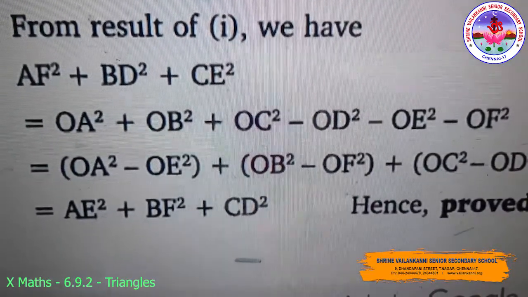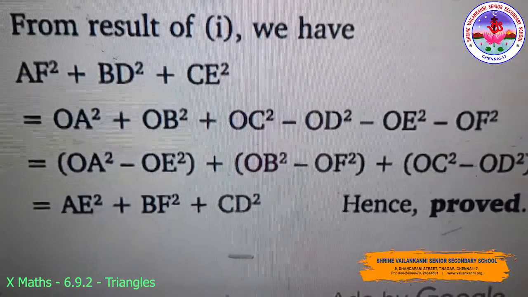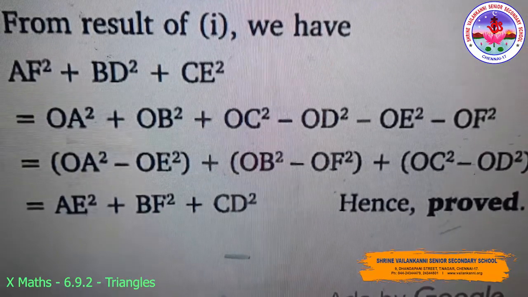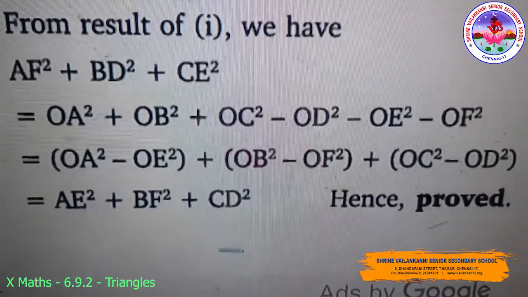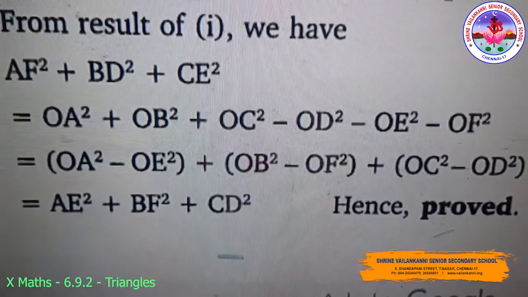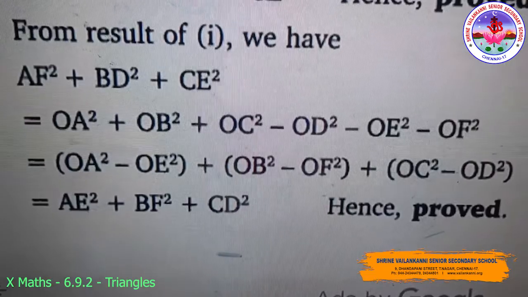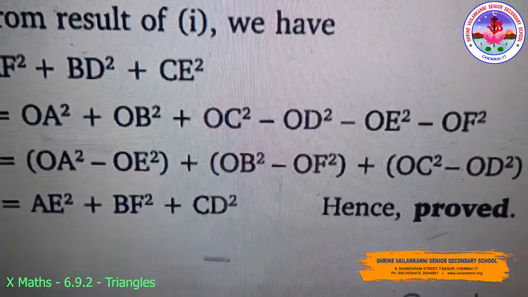So I am going to make a small rearrangement here, where I am joining minus OE squared with OA squared, minus OF squared with OB squared and minus OD squared with OC squared. So I am writing it as OA squared minus OE squared plus OB squared minus OF squared plus OC squared minus OD squared.